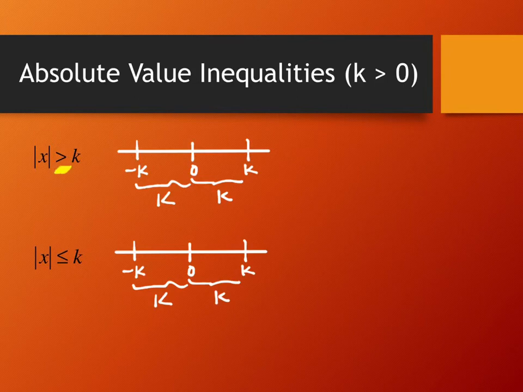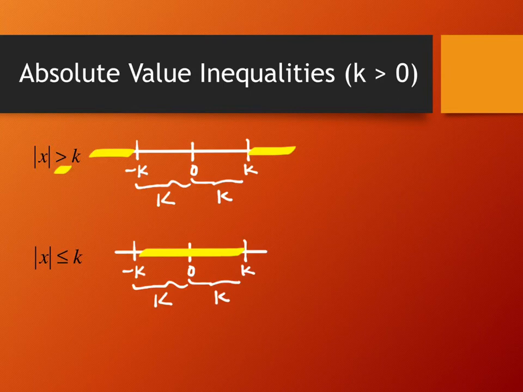The difference is what we're actually trying to achieve. This says that I want the distance to be greater than k, right? You want to be further than k away, further than 6 feet away. So where are you? Well, you're out here. The second one says you want the distance to be less than k, closer than k away. So you're in here, in a closer proximity to your value than k away.